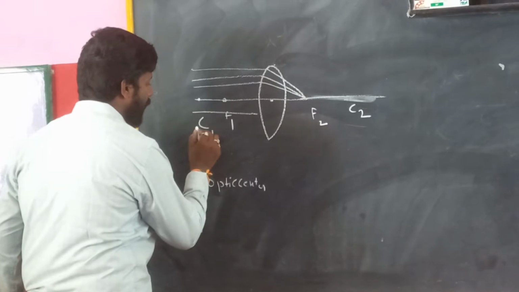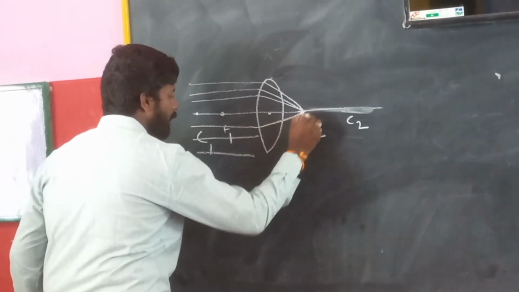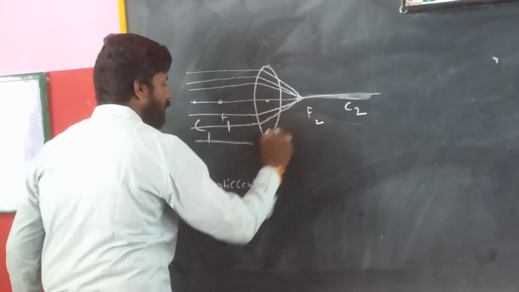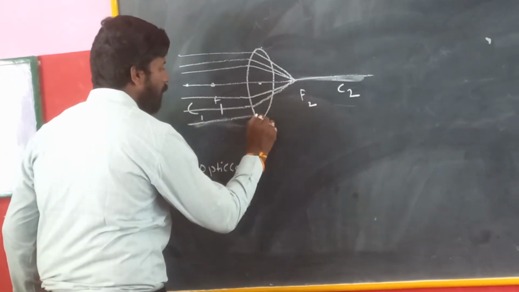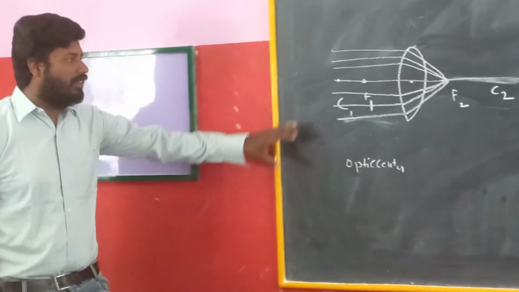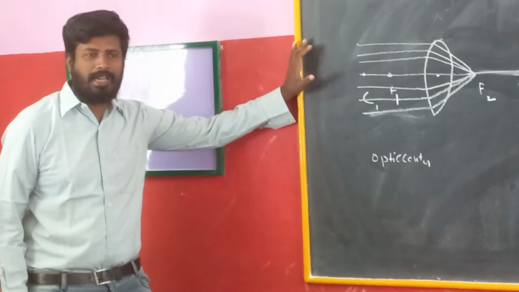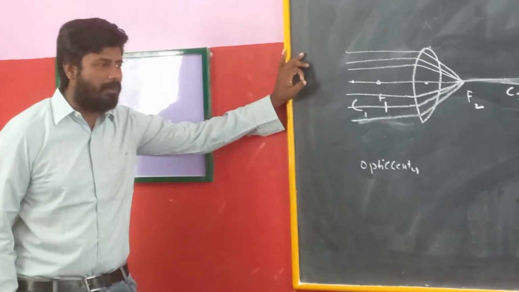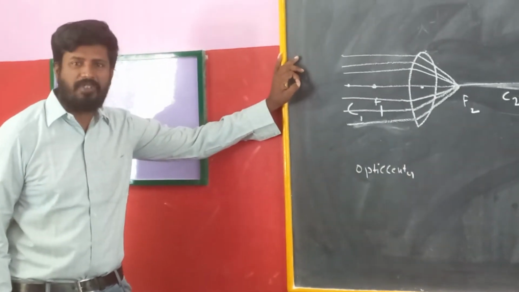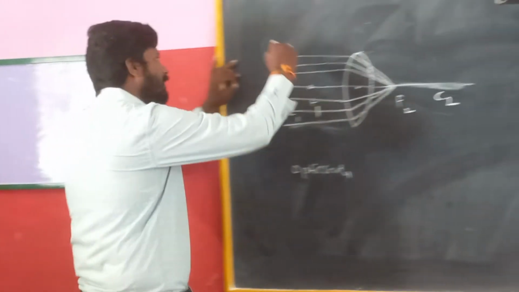The converging of light rays at one point is called the focal point. When the light rays that are drawn parallel to the principal axis pass through the convex lens, they converge at one point, and the point of convergence is called the focal point.